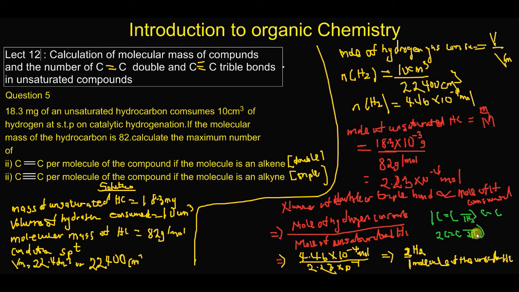So per 1 molecule, the maximum number of bonds that are there is 2.